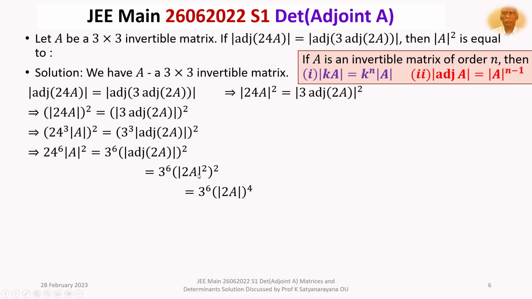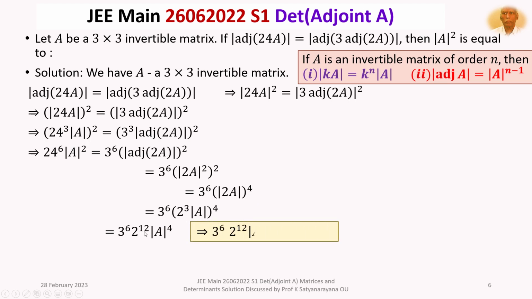Determinant of 2A square and square, that is determinant of 2A whole to the power of 4. Now for determinant of 2A we write 2 cube into determinant of A. So that is 3 power 6 into 2 cube into determinant of A whole to the power of 4. Raised to the power of 4, that will be equal to 3 power 6 into 2 cube whole to the power of 4, 2 to the power of 12, determinant of A to the power of 4.